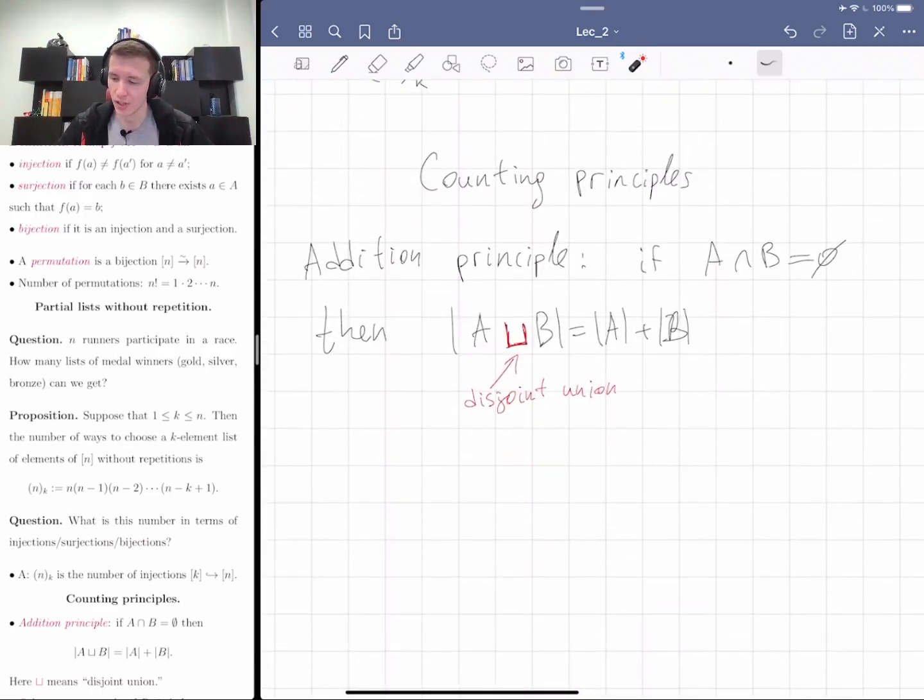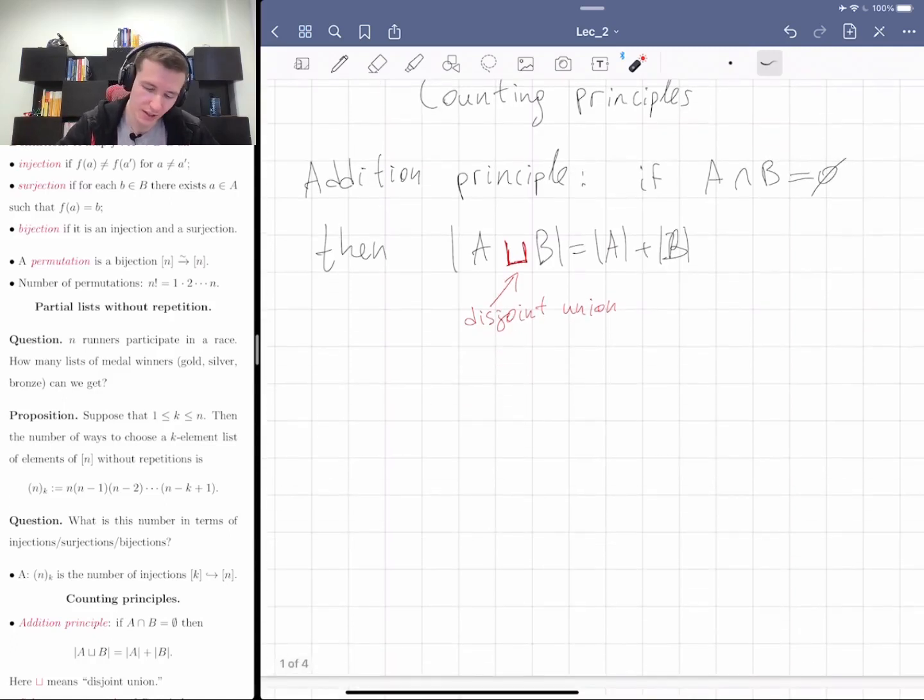In many problems you have to consider at least a couple of cases, and the game is always to figure out the way to split into cases such that there are not too many of them. Then you just add up the answers over all these different cases. So addition is the easy one, I guess.